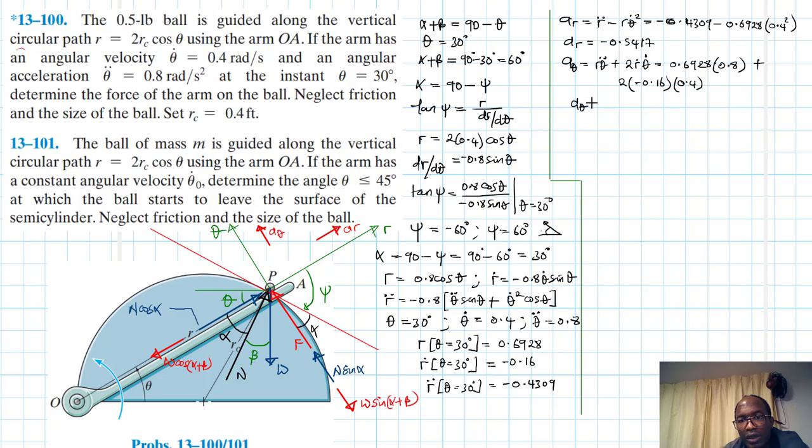So a theta is just going to be equal to 0.6928 by 0.8 plus 2 by minus 0.16 times 0.4.